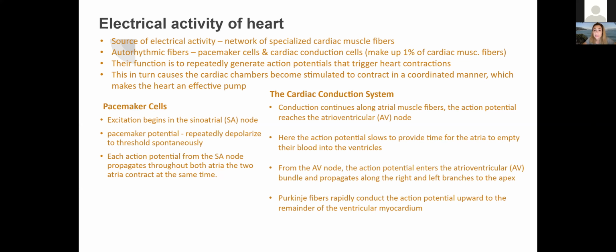The cardiac conduction system continues along atrial muscle fibers where the action potential reaches the AV node, or bundle. Here, the action potential slows to provide time for the atria to empty their blood into the ventricles. From the AV node, the action potential enters the AV bundle and propagates along the left and right branches to the apex of the heart. Purkinje fibers rapidly conduct the action potential upward to the remainder of the ventricular myocardium.